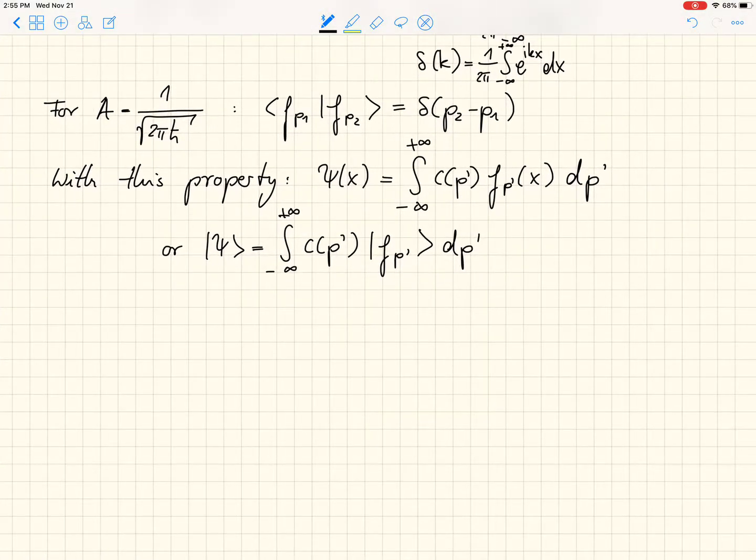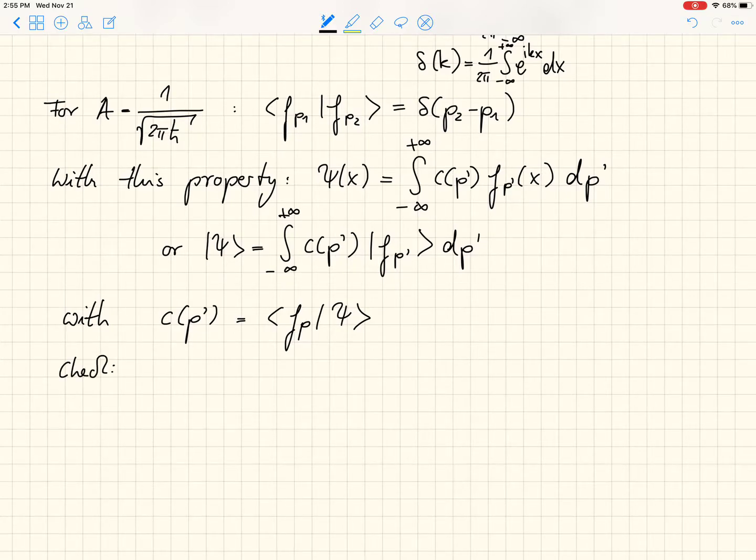And then the function c of p dash is given as the inner product of Fp with psi. Let's double check that this is true.